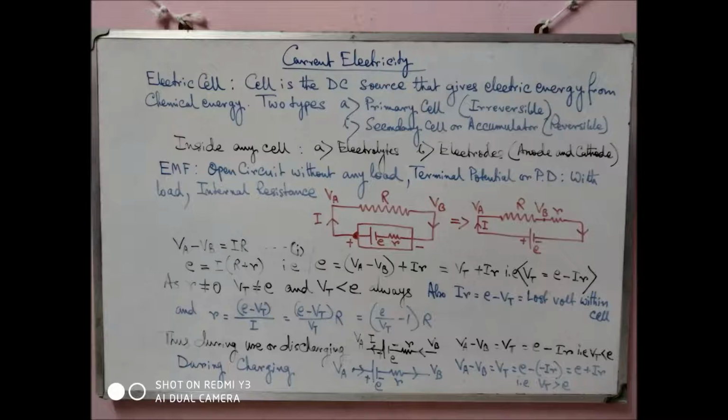We just take out the internal resistance from inside the cell and draw an equivalent circuit in which bigger and smaller are in series with the EMF.